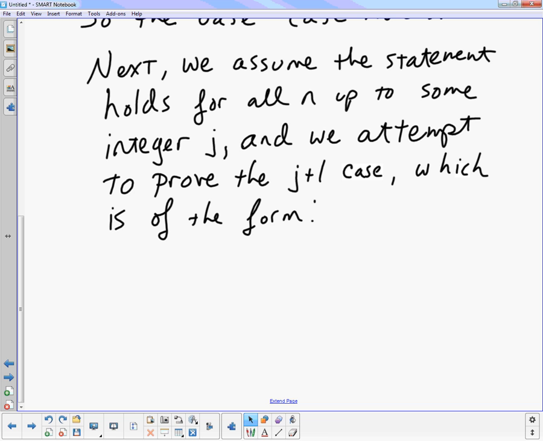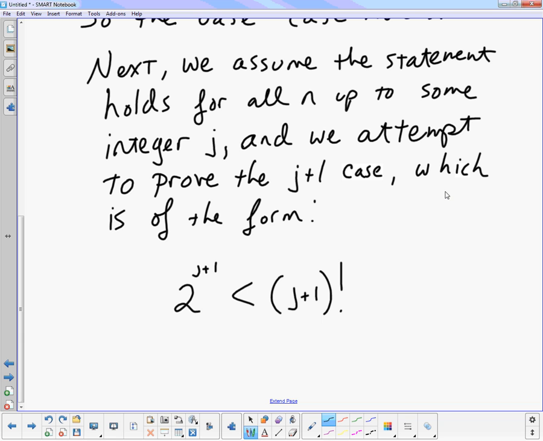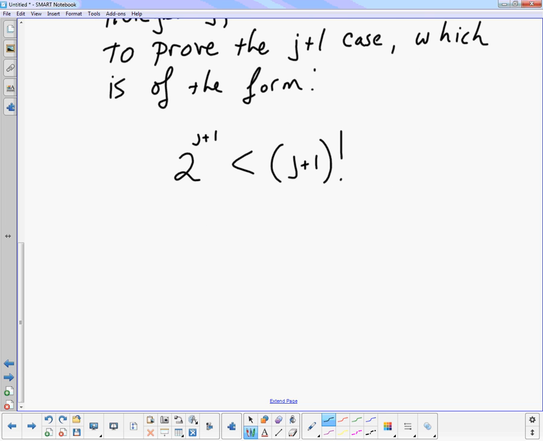Now the j plus 1 case would be, so every place there was an n, I replaced it with a j because a j is something up to n. We don't know. It's not n all the way, but it's true. And we are looking for the plus 1 case, which is the next one down the line.